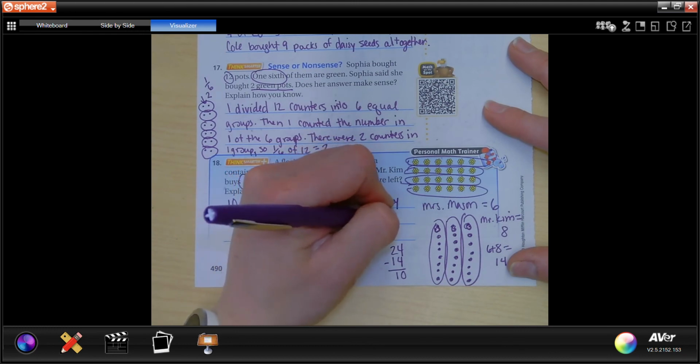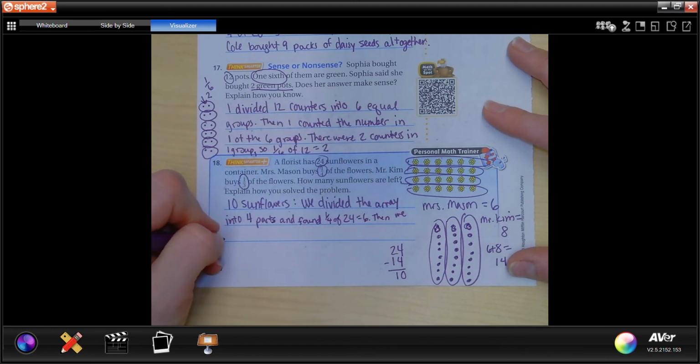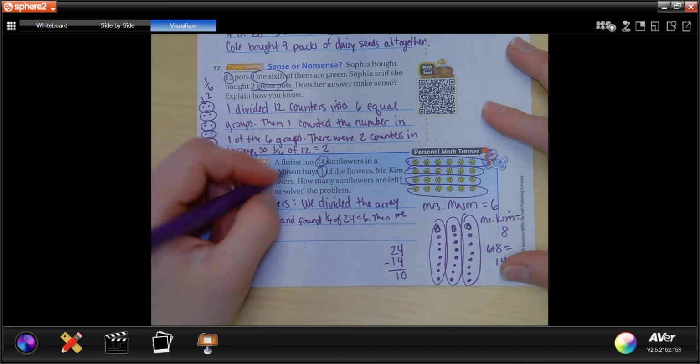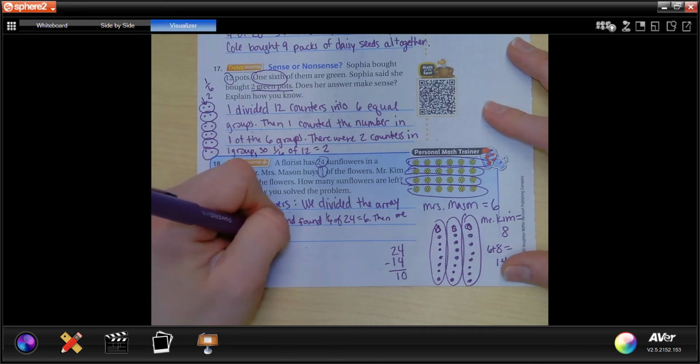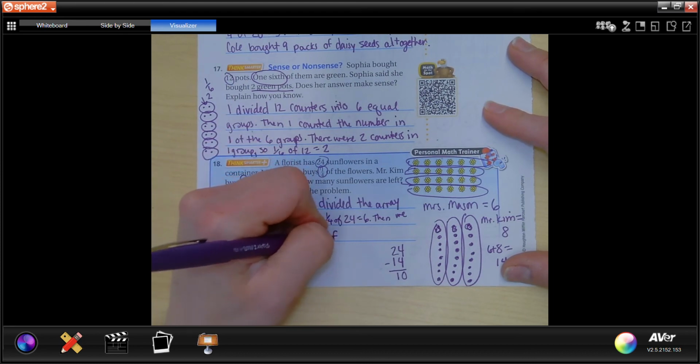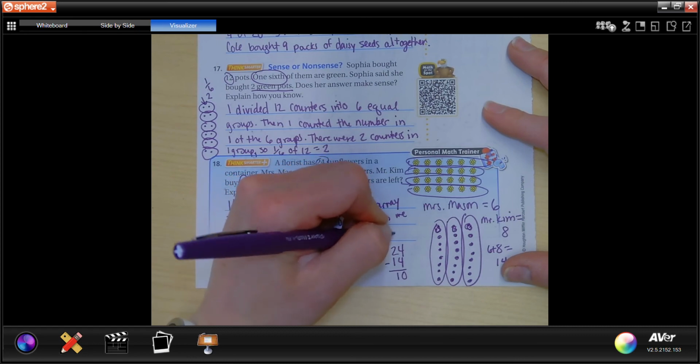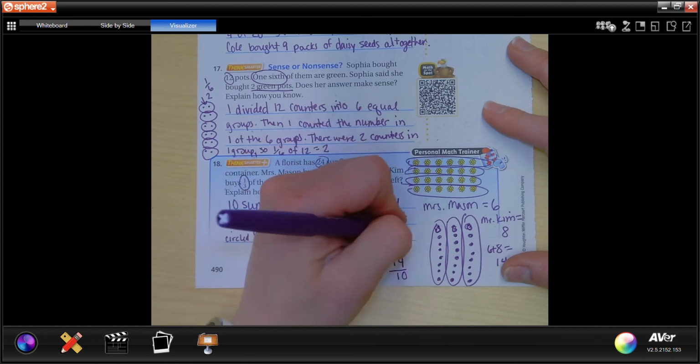Then we circled thirds in an array and found 1/3 of 24 equals 8.